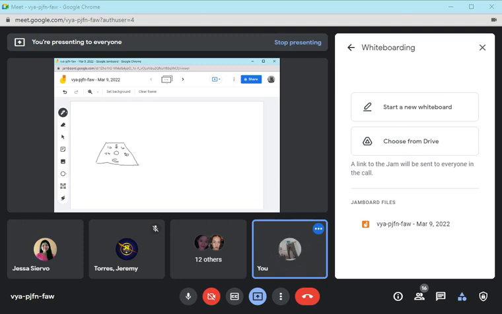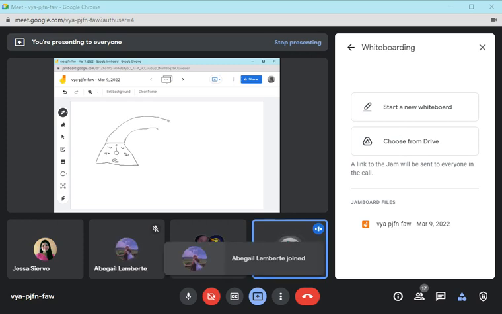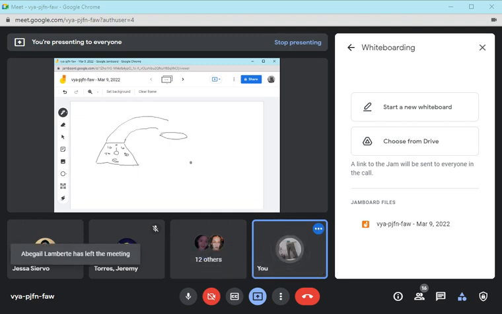Then there is a needle. And then this galvanometer is connected to a coil of wire. Yeah, the coil of wire.